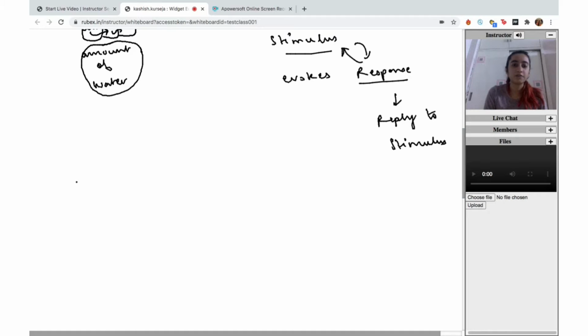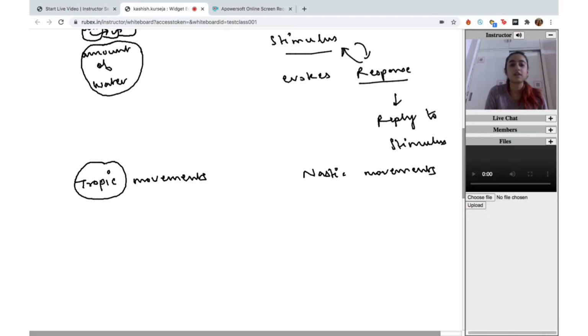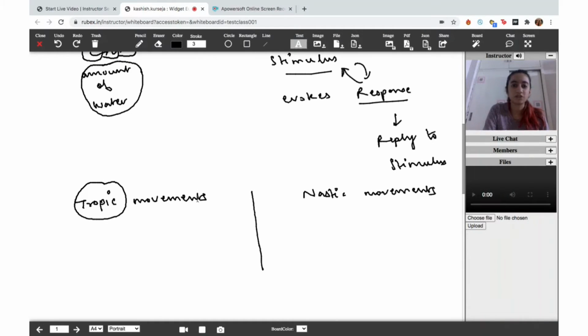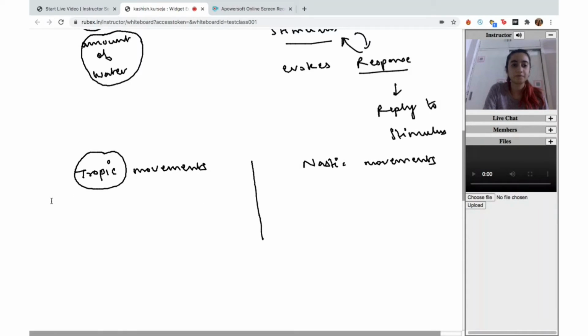Before that, I have to teach you to differentiate between two words. What are tropic movements and what are nastic movements? What's in your syllabus is tropic movements, so we're going to focus on this, but it's basic to know the single point difference between these movements. You have to study just 1 point difference here.